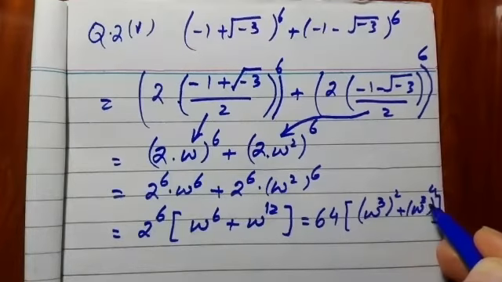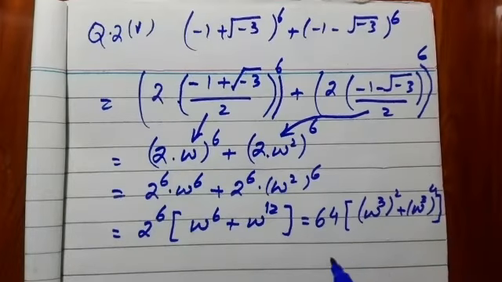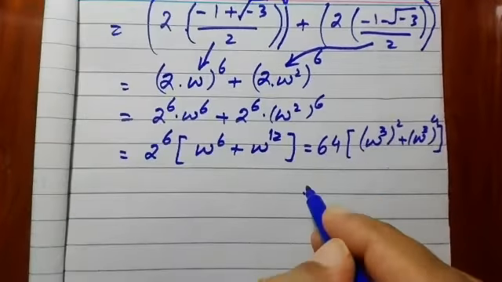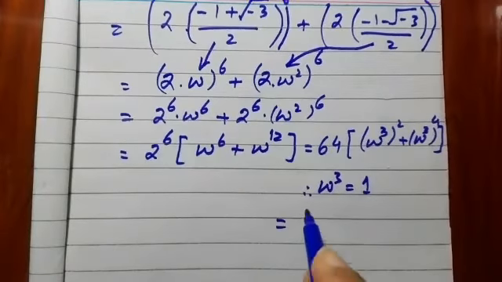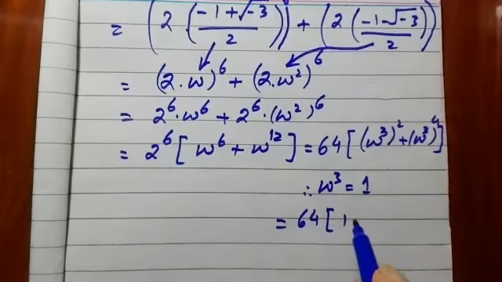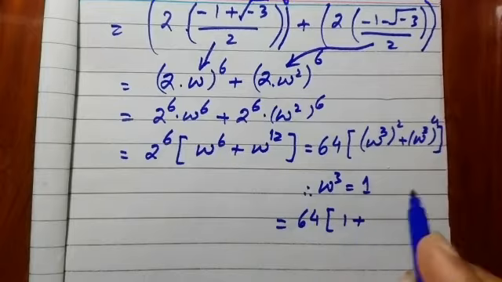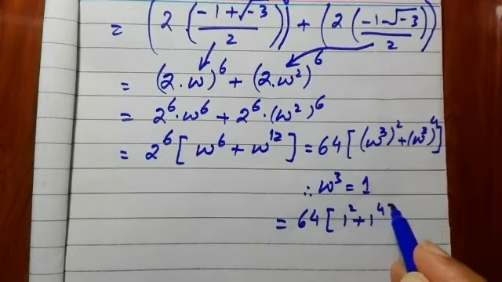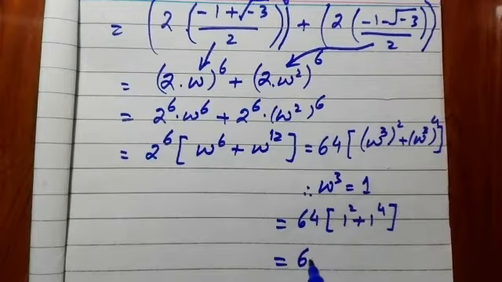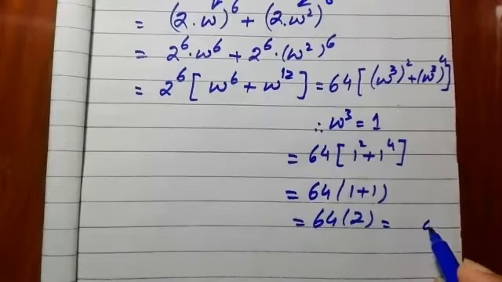Omega 12 will be written as omega 3 raised to power 4. And because I know that omega 3 is equal to 1, I will simply substitute the values now. 64 times 1 plus 1, 1 raised to power 2, 1 raised to power 4. Again, it will become 1 plus 1, and it will become 64 times 2, that is 2 4s are 8 and 2 6s are 12.